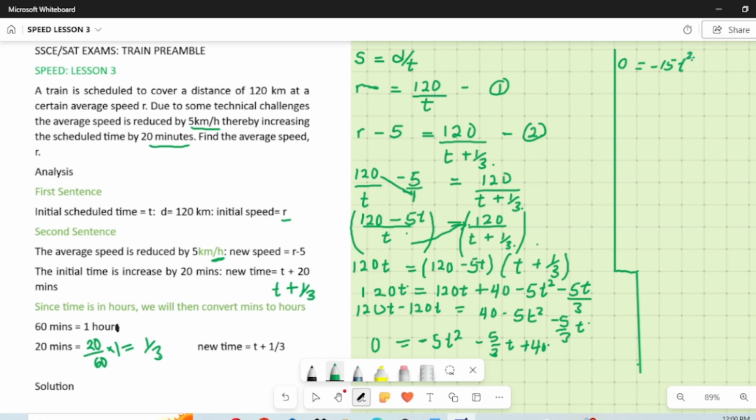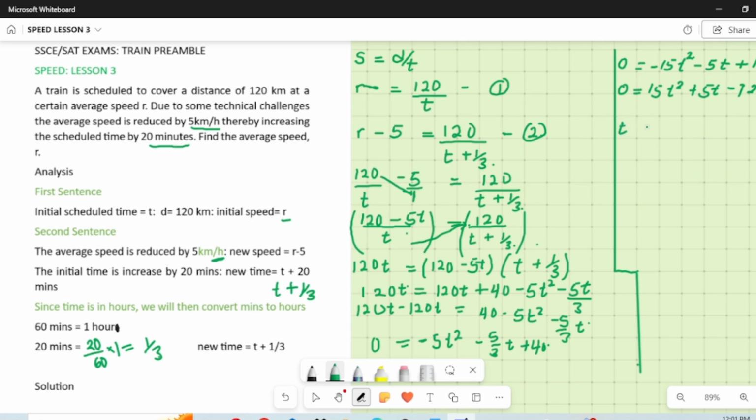Then minus 5t multiplied by 3 gives minus 5t, plus 40 multiplied by 3 is 120. But normally I don't like the negative sign, so I multiply through by -1, so that I get 15t squared plus 5t minus 120. And this is a quadratic equation, so we're going to use the quadratic formula to solve this.